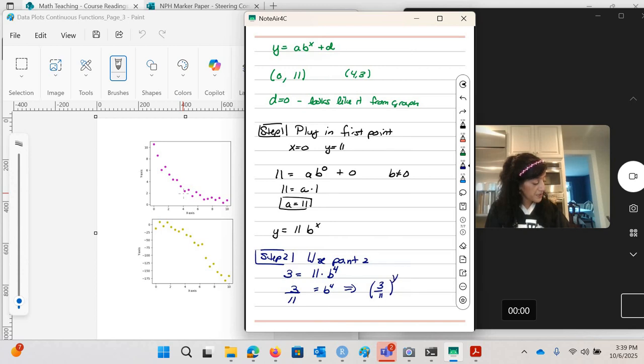I like laws of exponents, so I take both sides to the 1/4 power. This gives me b here. And over here, I just go on a calculator and put in 3 divided by 11 in parentheses, raised to the 0.25 if I want to be as fast as possible.